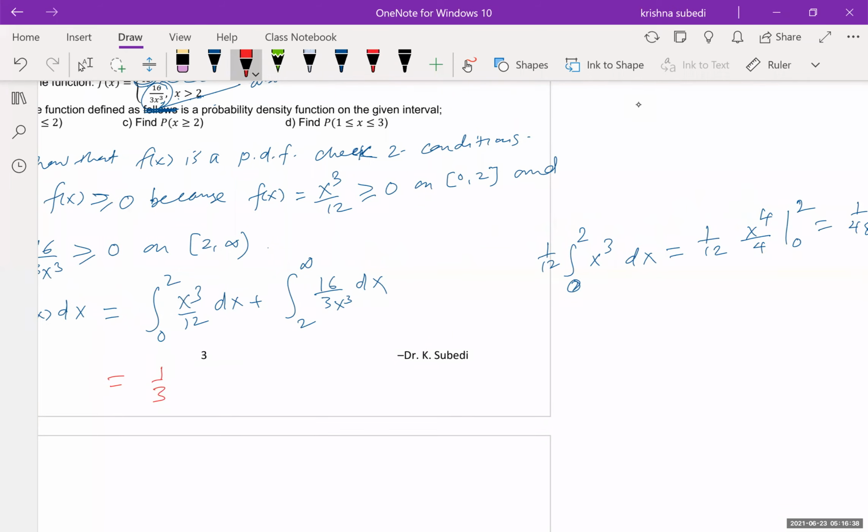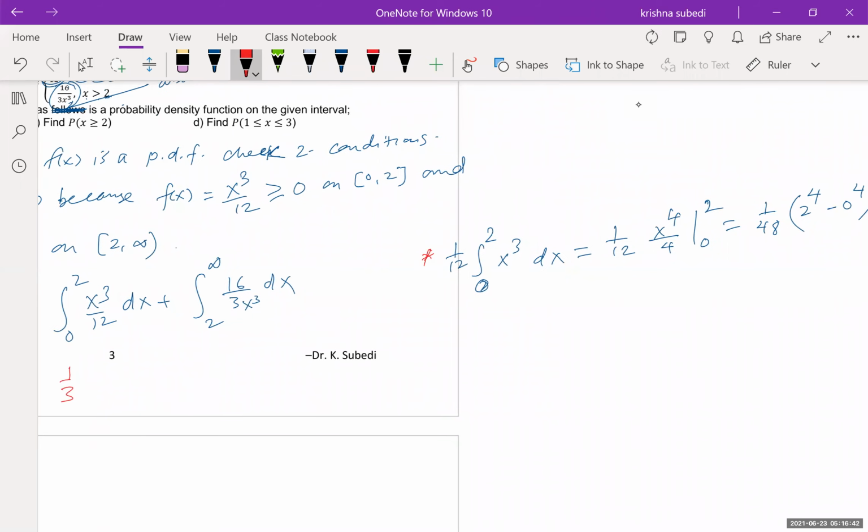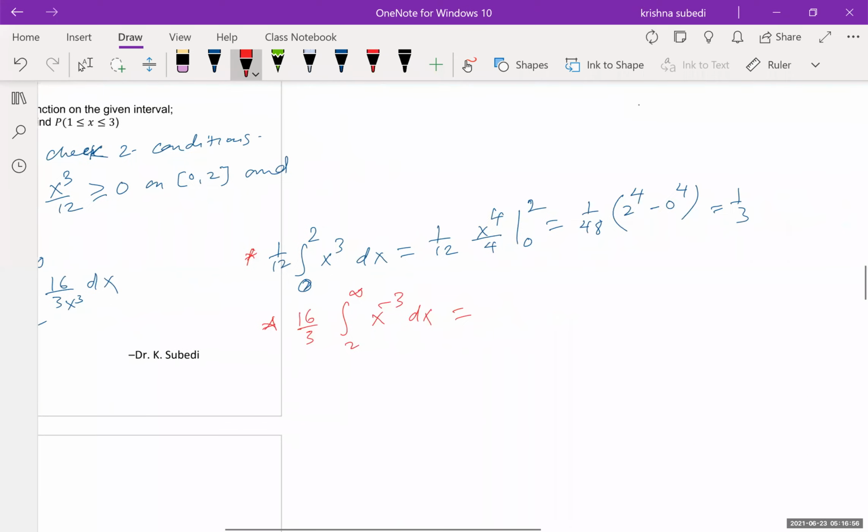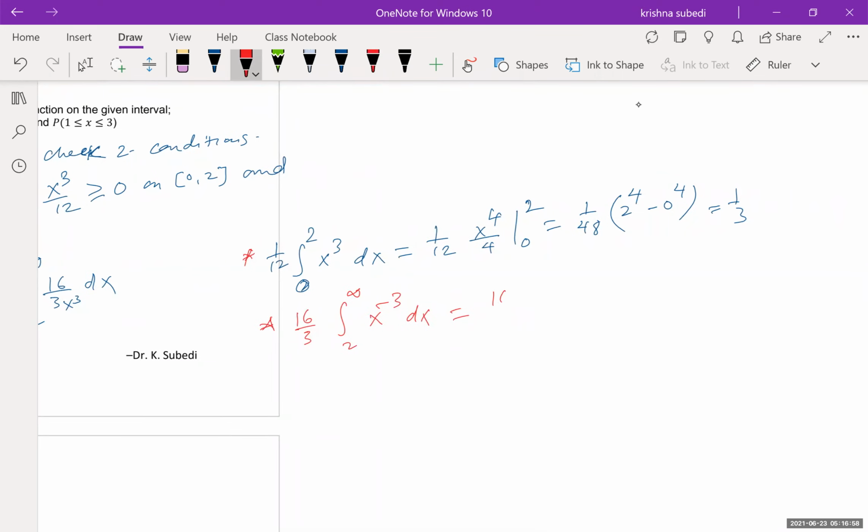And in the same way, let us calculate the second one. The second one is 16 over 3, from 2 to infinity, x raised to power negative 3 dx. That is our second integral. Remember, it's an improper integral, so we always take the limit as b tends to infinity, from 2 to b, x negative cube dx.